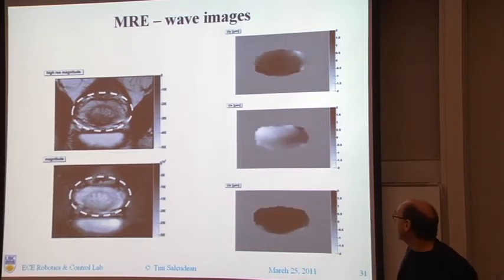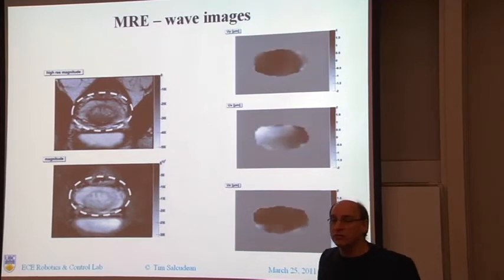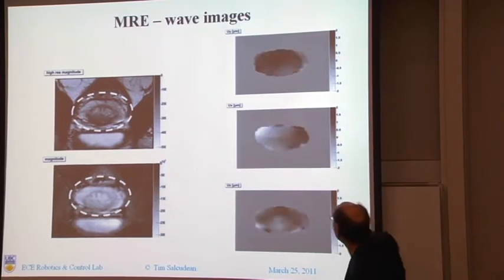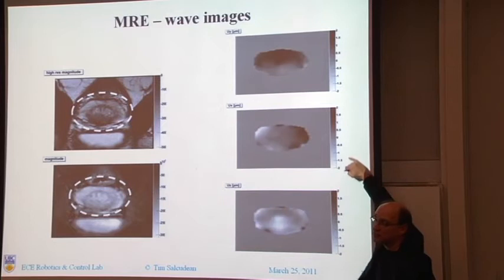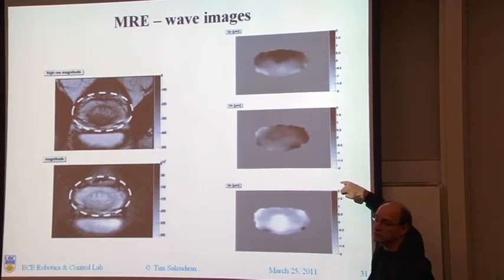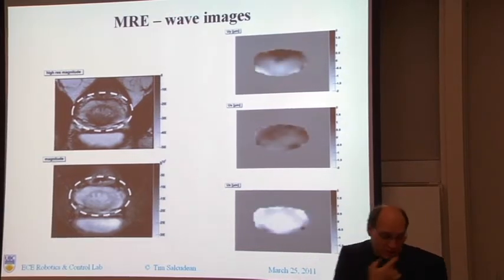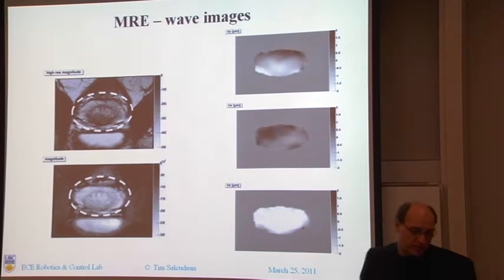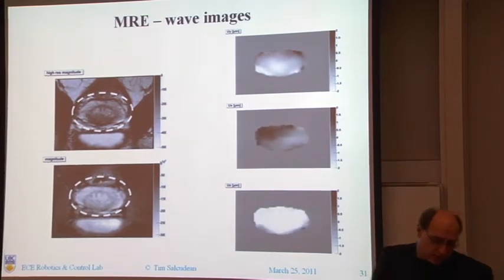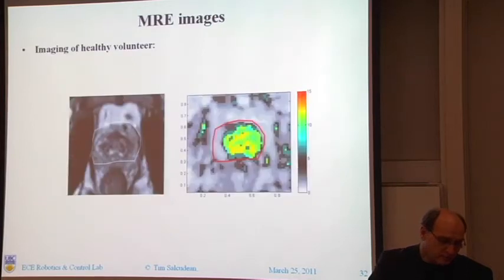Note that even though MRI does not have very high resolution, the maximum amplitude of the waves that we displace here is 2 microns. So this was before we perfected our hydrospeaker actuator to get larger amplitude of waves.